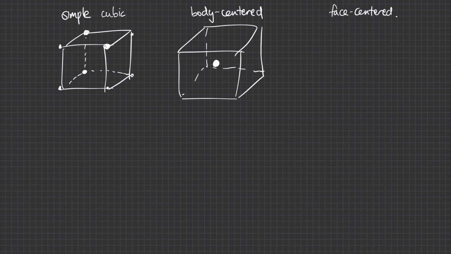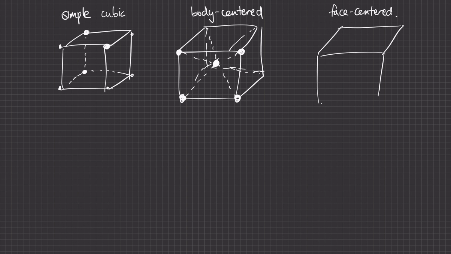That is equidistant from each of the 4 corners, like that. So obviously there will be lattice points here as well. And finally, the face-centered is the simple cubic, so you have lattice points at each corner, plus 1 atom at the surface of each square, like that.